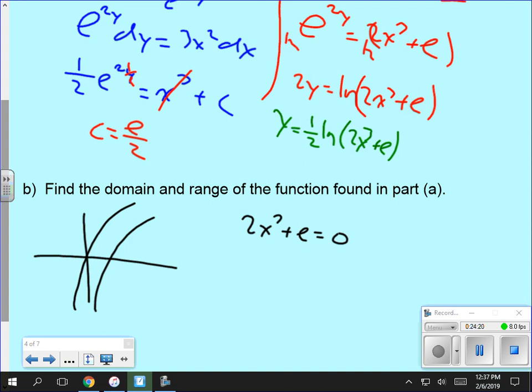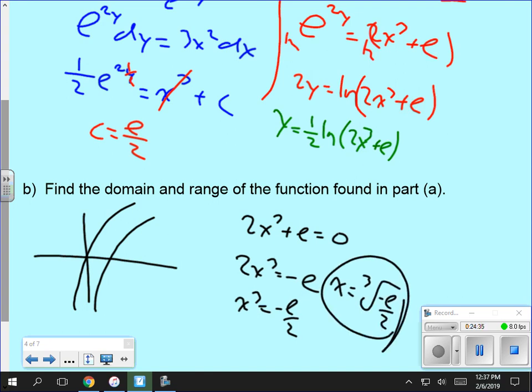Subtract e. 2x cubed equals negative e. Divide by 2. x cubed equals negative e over 2. So x equals the cube root of negative e over 2. That will give me 0 for my natural log. I am not allowed to take the natural log of 0, so x needs to be larger than that.